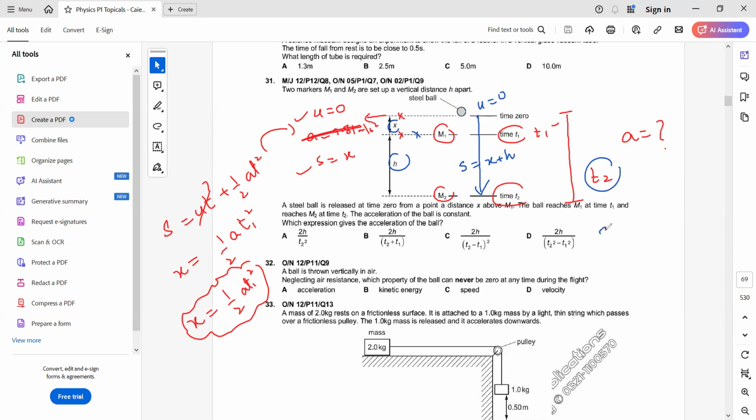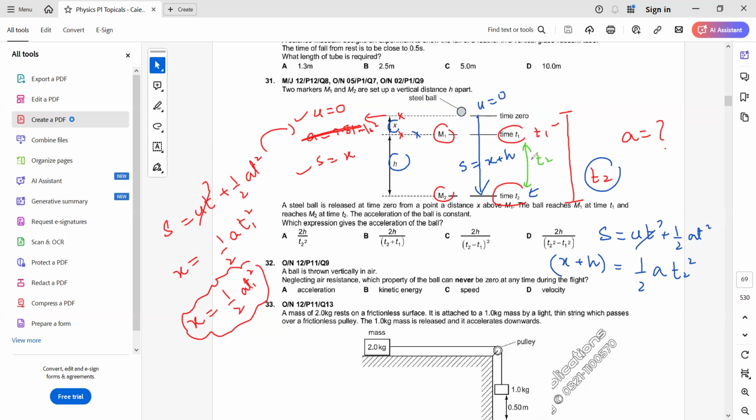So using the same equation, s equals ut plus half at squared, u is 0. S is basically now x plus h, since that's the distance we have been talking about, and t2 squared would be the time, right? Now, most of the students get confused here because they unknowingly figure that this is the time between T1 and T2.